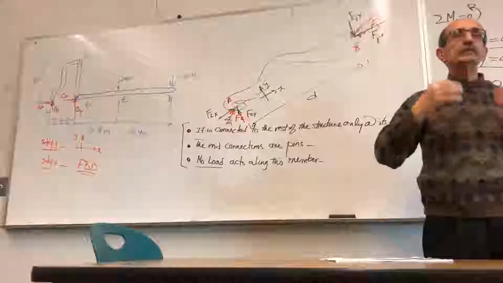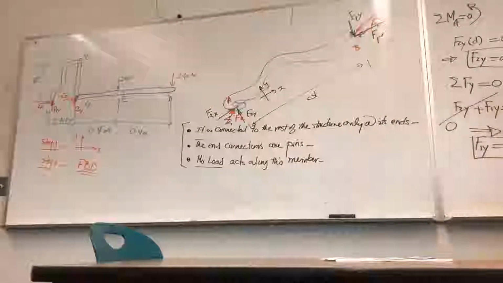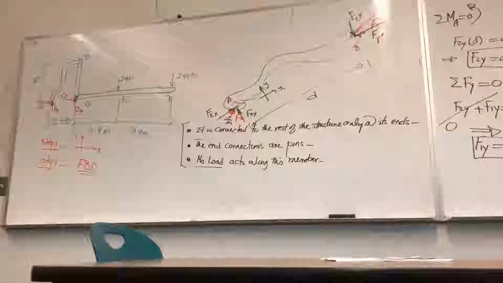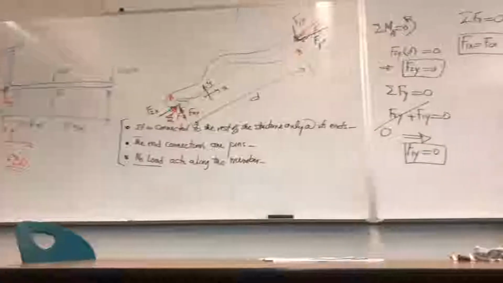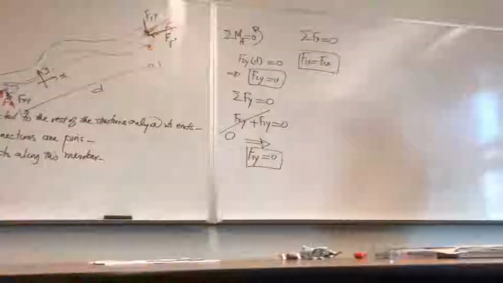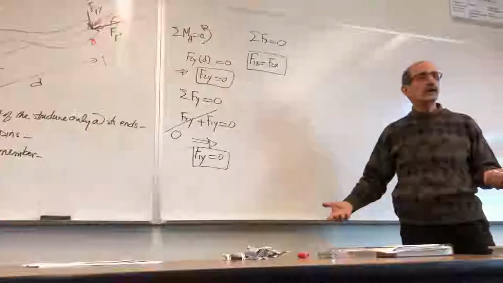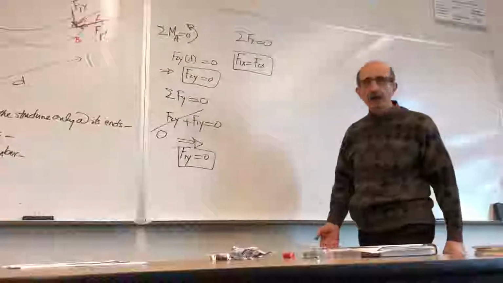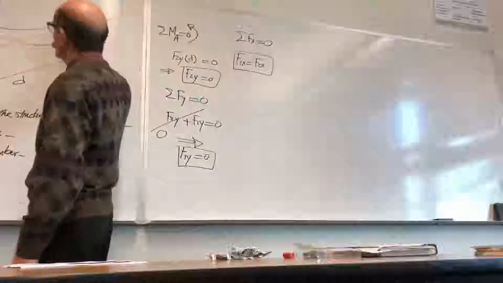That means if you have a piece of a structure that follows these criteria, the only way this piece can be in equilibrium or satisfy equilibrium conditions is if there are two forces equal in magnitude, opposite in direction at the two ends. And these forces have to act along a straight line connecting these two ends.